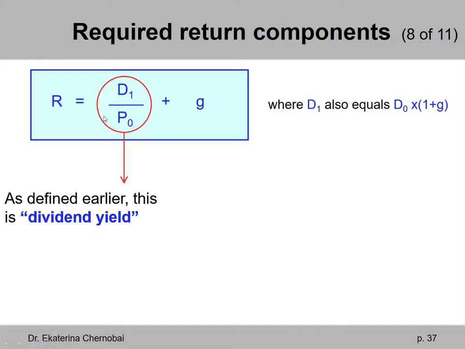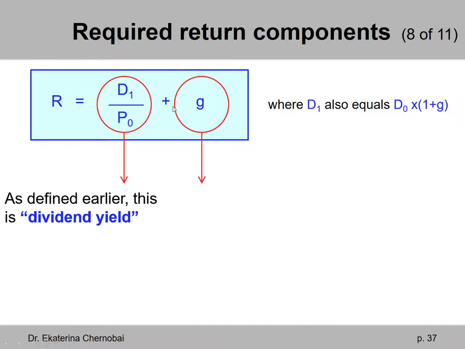If you pay some price to buy a share of stock today, and the company pays you some dividend within a year, then that dividend amount divided by the price you paid gives you the percentage return on your money, based solely on the dividend paid to you. So this is the dividend yield.